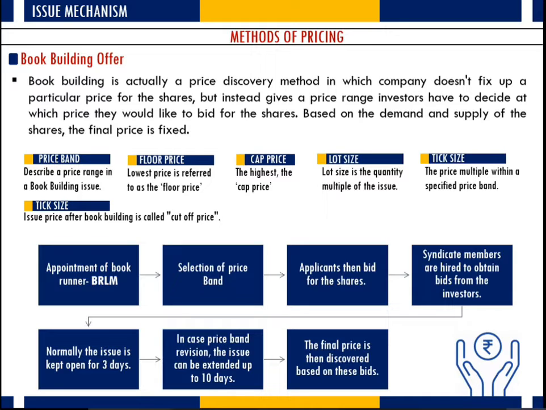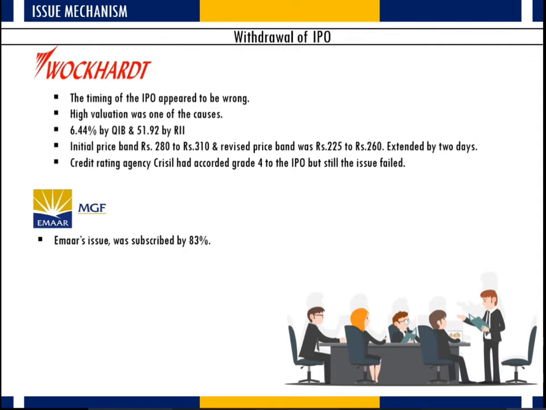So the final price decided at which the shares are issued is called the cutoff price. So this is how the entire process of book building works. Right now, in the past, many IPOs have been withdrawn, but not many cases are there like this. But there are instances where IPOs were withdrawn.